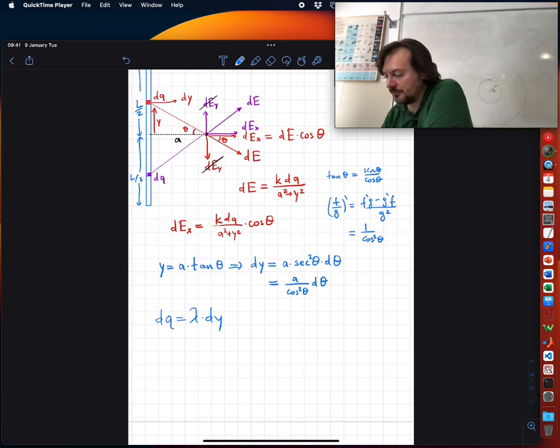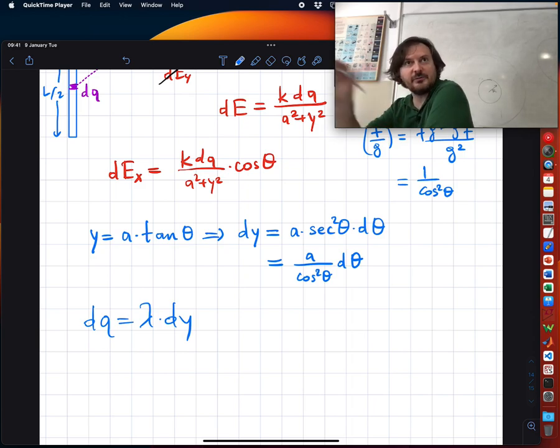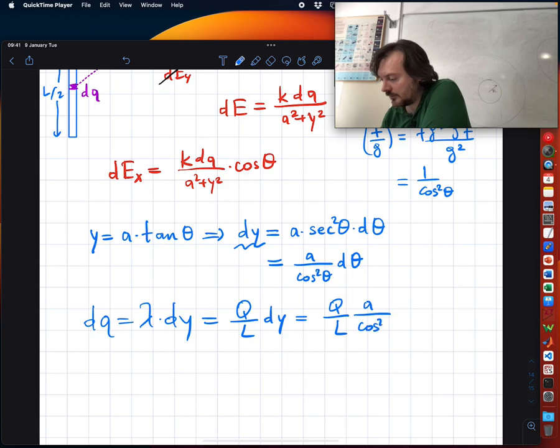3 minutes to go. Let me do it quicker, and then we will come back and resolve it, just for finishing. So lambda is q over L. So I have q over L dy like this. And I have an expression for dy here, so I can just write it. I am going fast, so don't blame me.